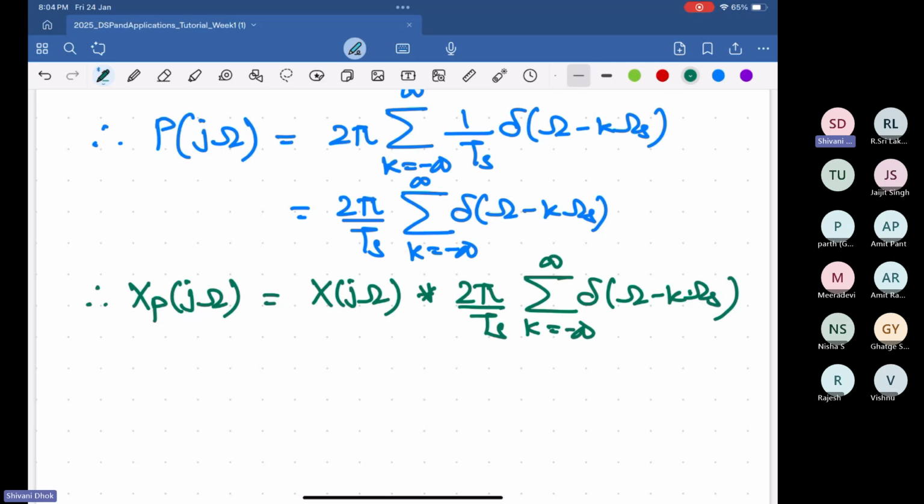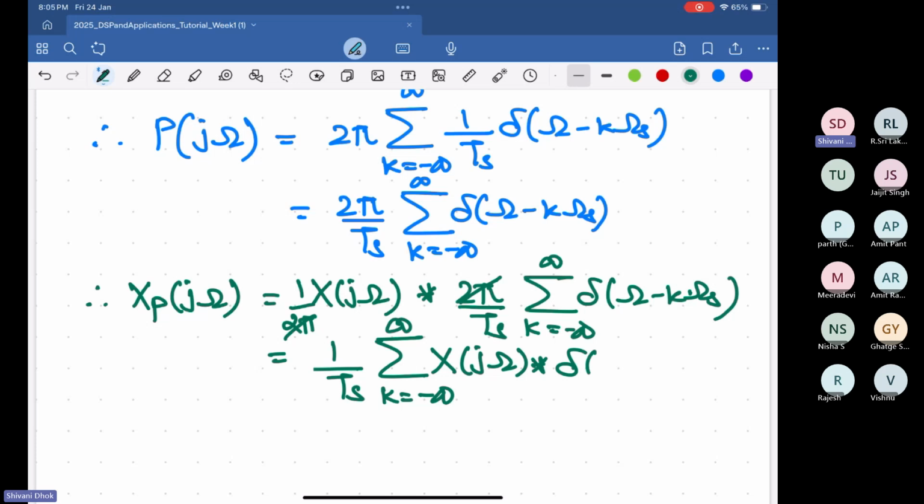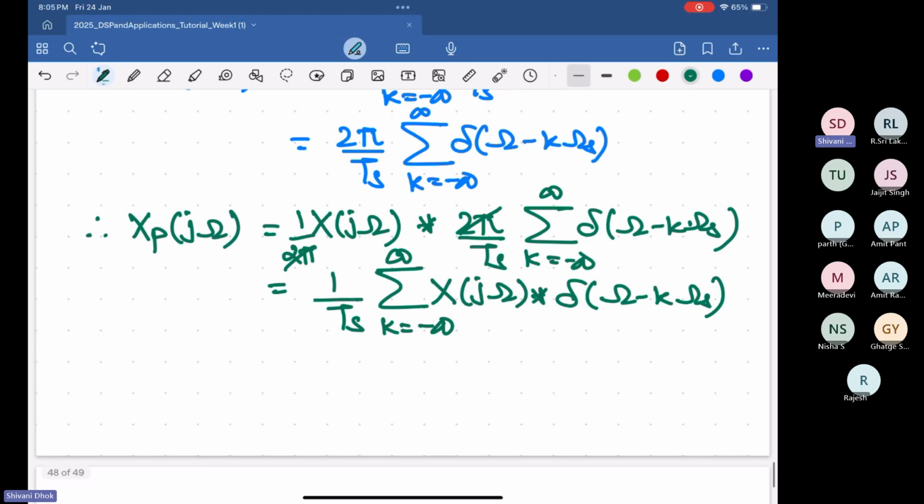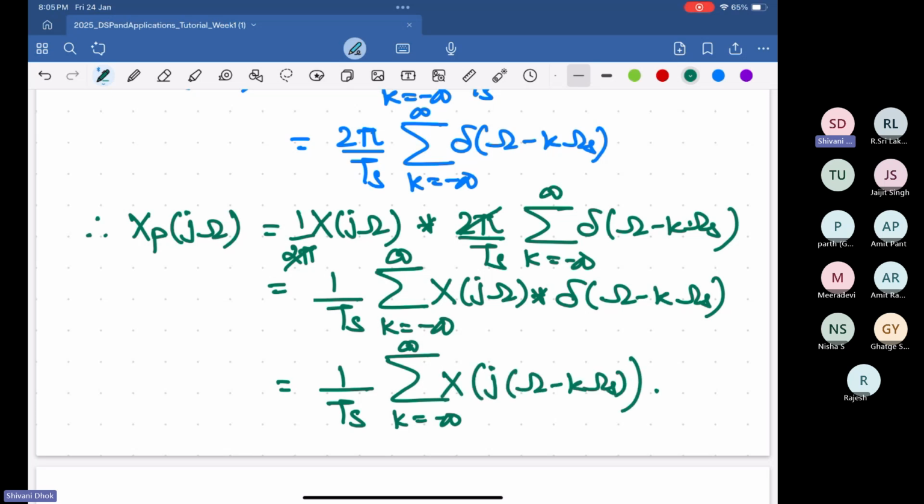Now, since this convolution is distributive over additions, we have 2 pi by Ts summation k running from minus infinity to infinity, and the scale of 2 pi gets cancelled. X of j omega convolved with delta omega minus k omega s is equal to 1 upon Ts summation k running from minus infinity to infinity X of j omega minus k omega s.